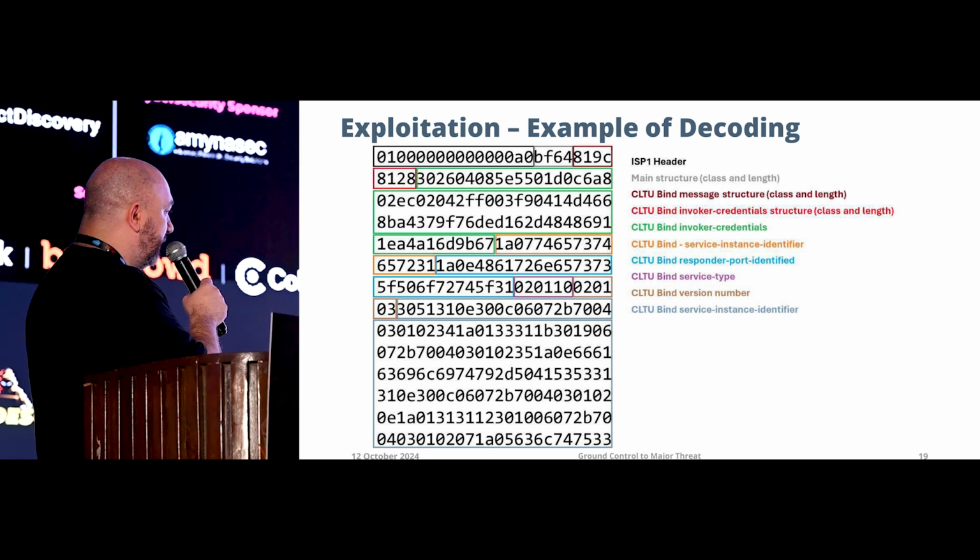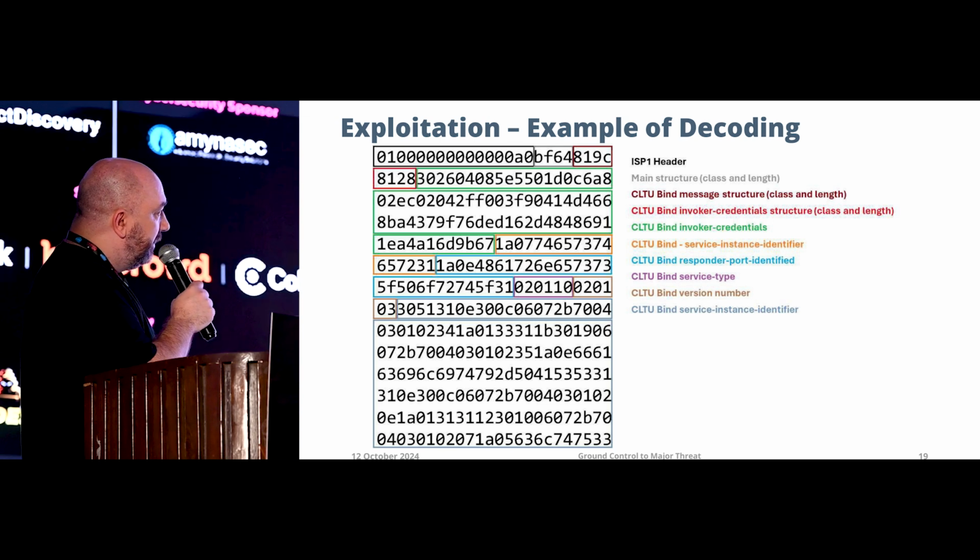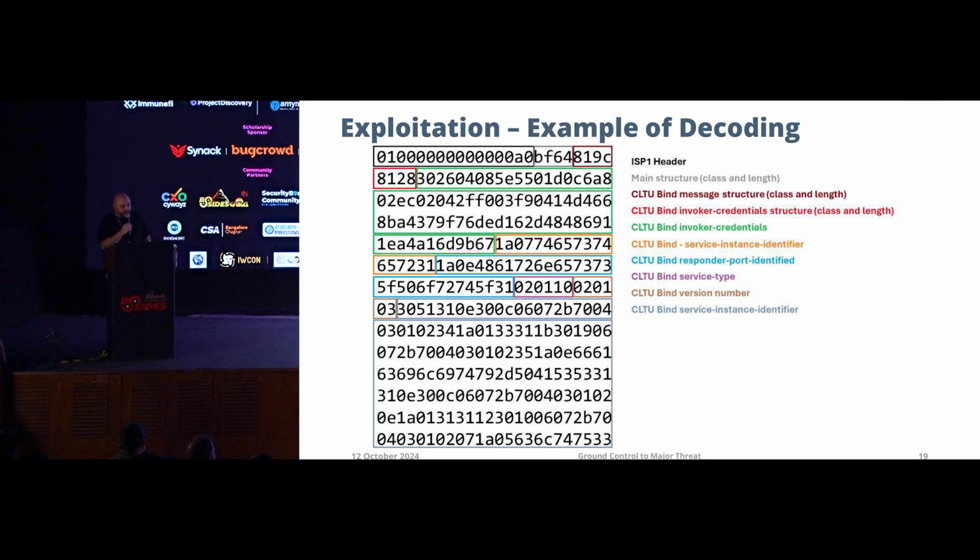What you see is a raw byte stream. It consists of the ISP1 header, then the main structure, and then everything else is CLTU bind specific fields. One of them being the CLTU bind invoker credentials. It is not encrypted, so anyone on the wire can actually decode it.